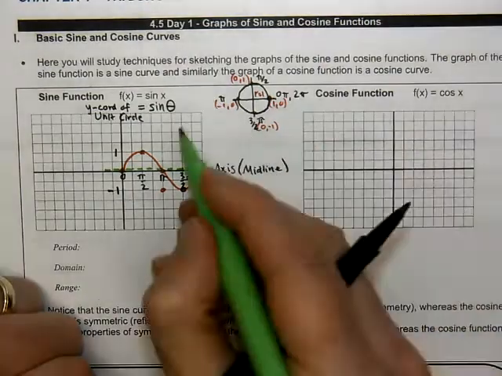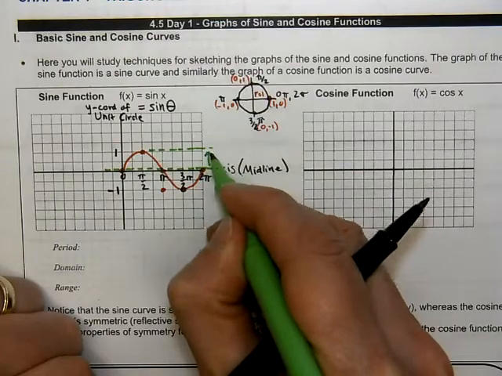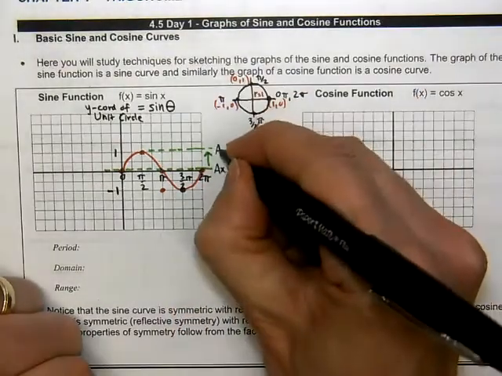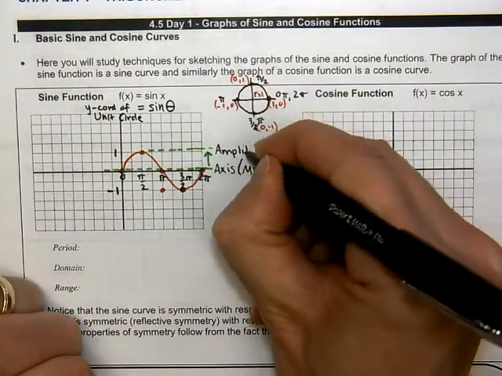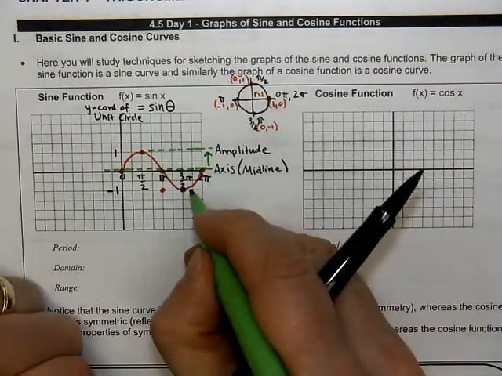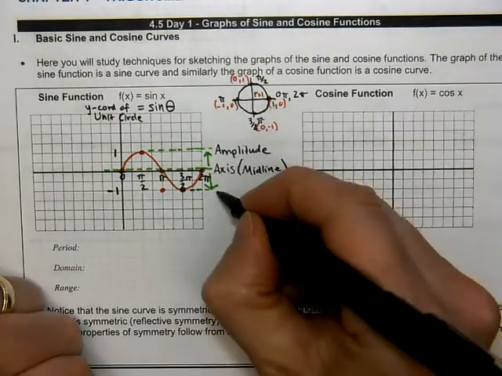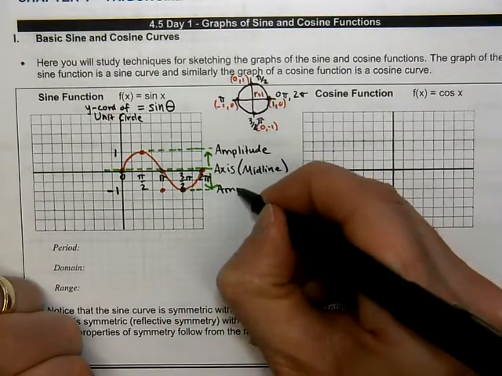And then we have a distance from that axis to that maximum point. That's going to be the amplitude. So the amplitude is the distance, and it's a positive distance. So even if we measure that amplitude down to the minimum point, it's still referred to as the amplitude.